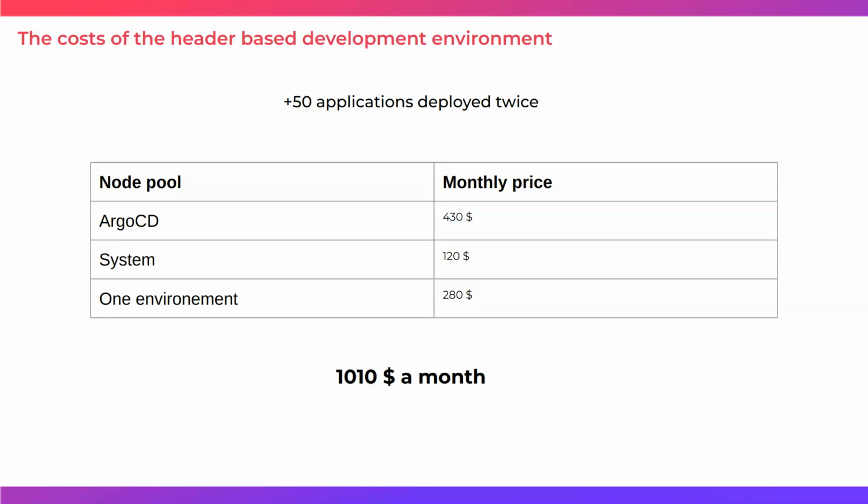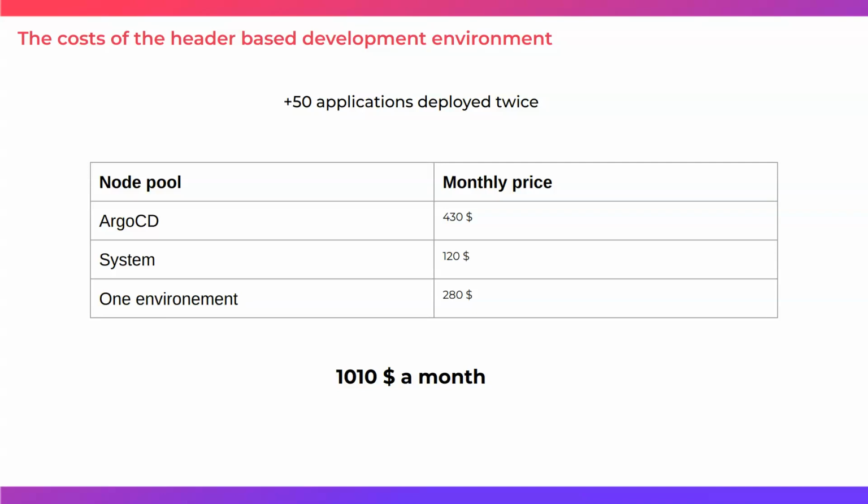But the main difference is that if you have 50 applications and 50 developers, you do not need to deploy the environment 11 times. Mostly what will happen is that in the average case, all your developers will need to deploy a new version of their applications. And so instead of deploying all applications 11 times, you will basically need to deploy them only twice.